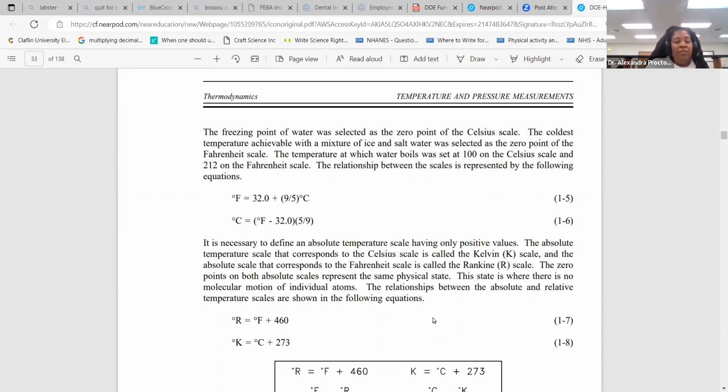Okay, so if they give you a Fahrenheit and you want to find that same temperature on the Rankine scale, you need to take that Fahrenheit temperature and add 460. If they give you Celsius, you need to take that Celsius temperature, add 273, and that'll give you the temperature in Kelvin.